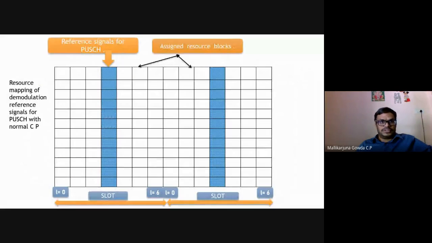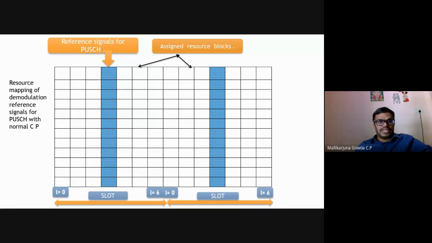This is l equal to 0, 1, 2, and 3. For normal cyclic prefix, this is the one allocated reference signal for the physical uplink shared channel. In each subframe I have two slots, right?